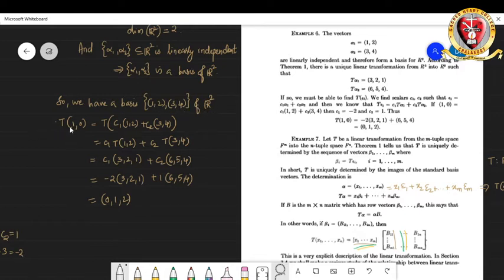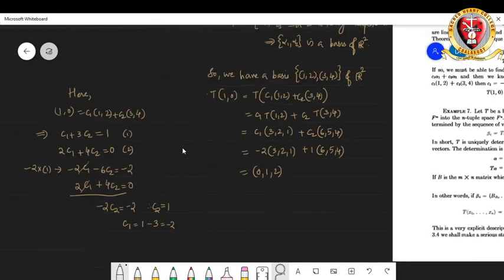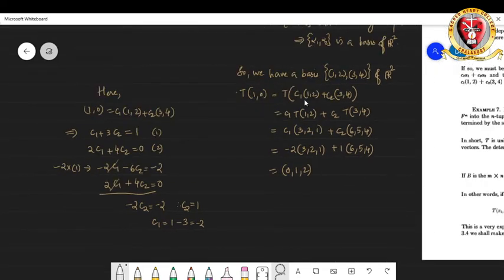Now consider T of (1, 0). The element (1, 0) can be written as a linear combination of the elements in the basis, right? So (1, 0) can be written as c1 times (1, 2) plus c2 times (3, 4). From that we have to find what c1 and c2 are.